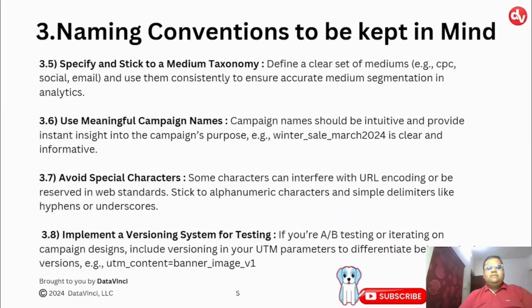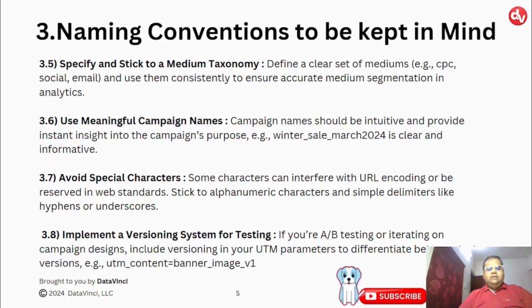Now, we should specify and stick to a medium taxonomy. That is, we should define a clear set of mediums, for example CPC, social, email, and use them consistently to ensure accurate medium segmentation in analytics. We should use meaningful campaign names. We should avoid special characters. And if there is any A/B testing going on, then you should always implement a version system for testing.